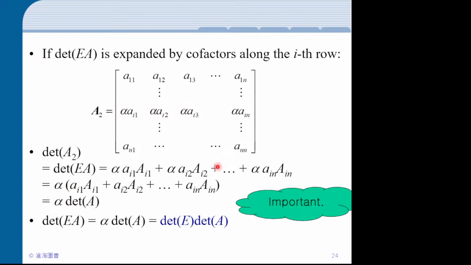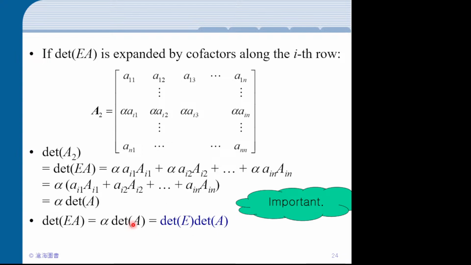You can take out all the alpha, and you see the determinant is just alpha times the original determinant. Okay, so it's pretty easy. You're just multiplying by a constant alpha. And once again, determinant of E times A is alpha times the determinant of A, which we just proved. And we know alpha equals determinant of E, so it's equal to determinant E times determinant A.